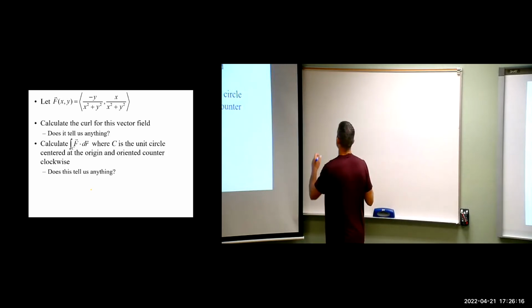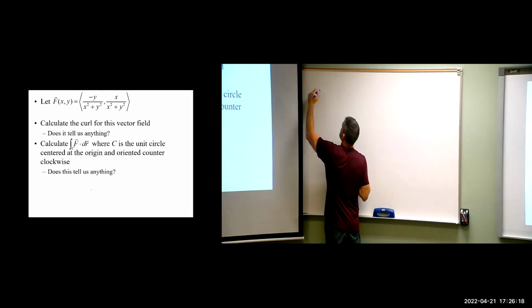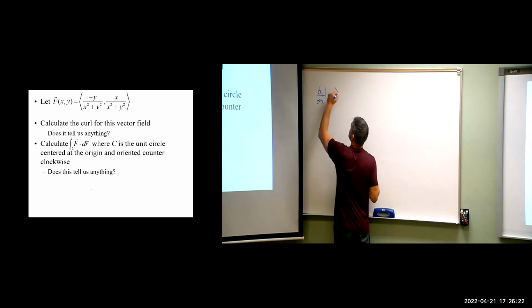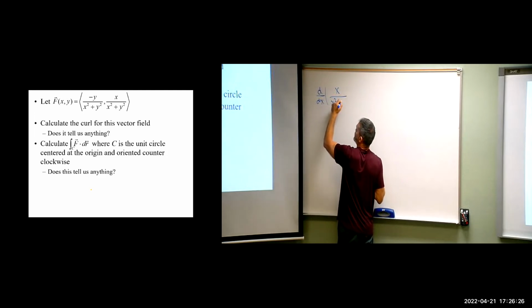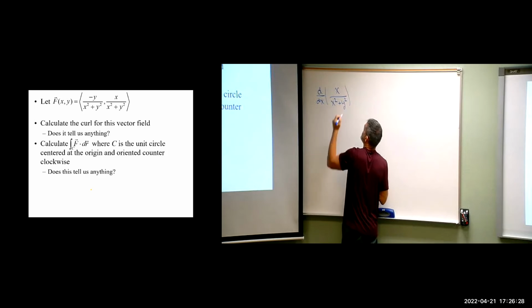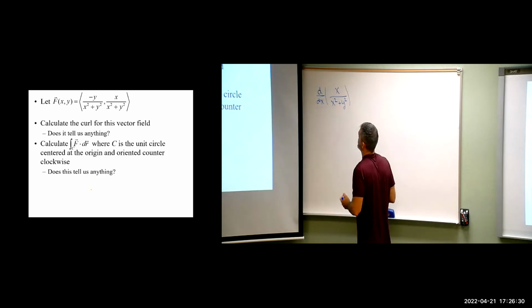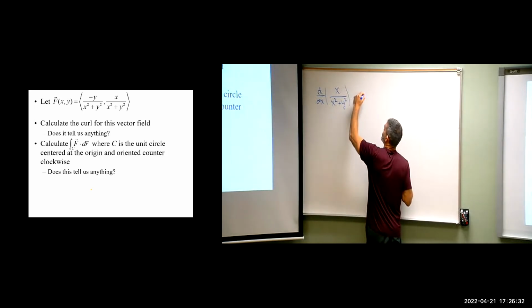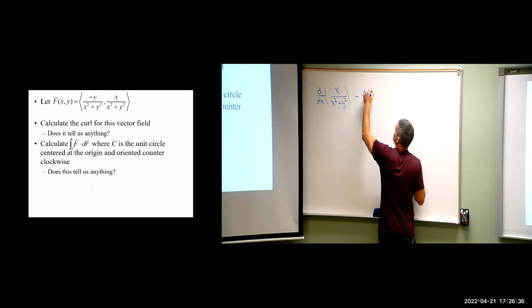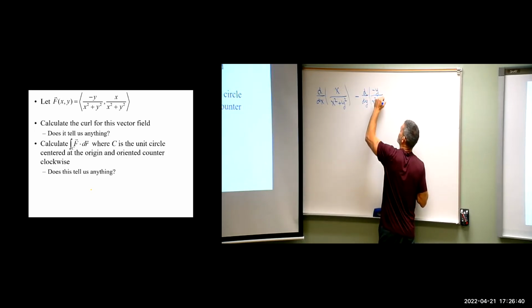So it's going to be d dx of x over x squared plus y squared, minus d dy of negative y over x squared plus y squared.